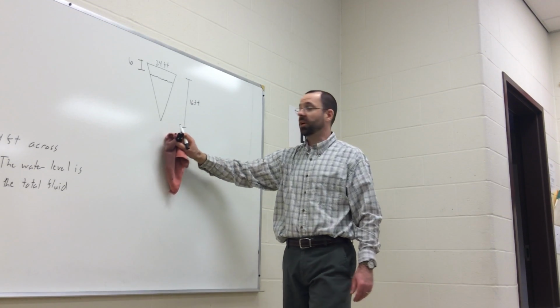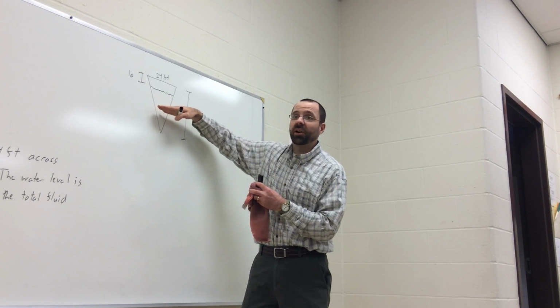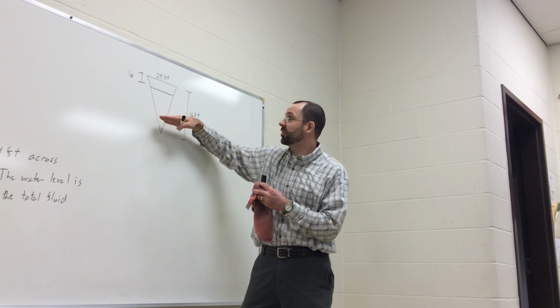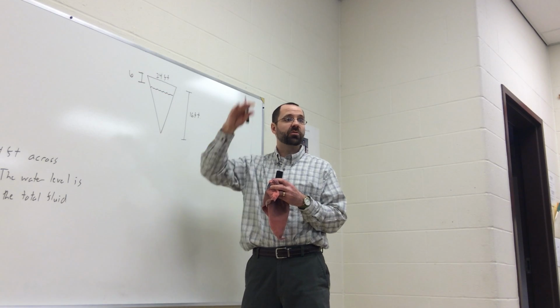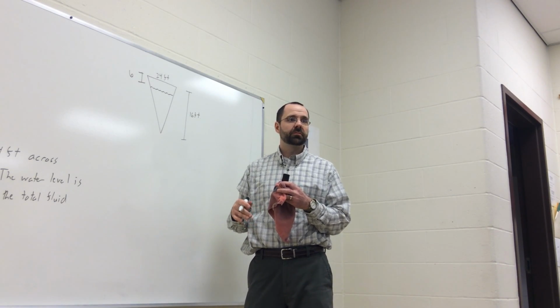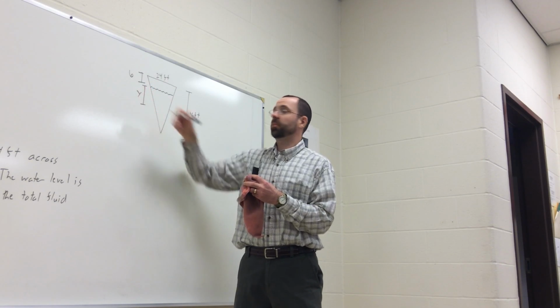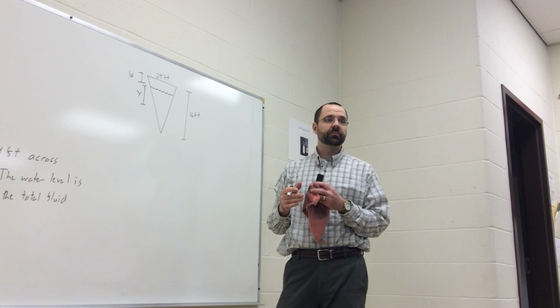Okay, so like I said, the problem is that this bit of water is at a different depth than that bit, which is at a different depth than that bit. So we need a variable that represents how deep down in the water you are. So I'm going to have that be y. y represents the depth.